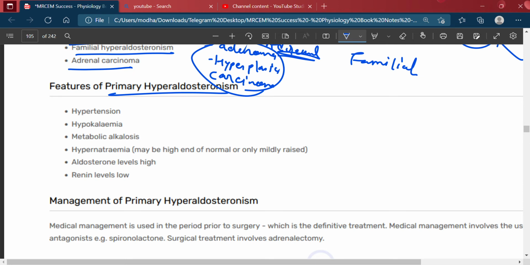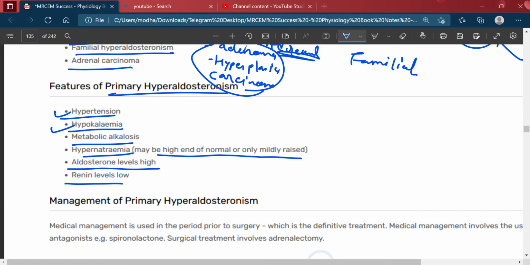The features are hypertension, hypokalemia, metabolic alkalosis, and hypernatremia, which may be high end of normal or only mildly raised.